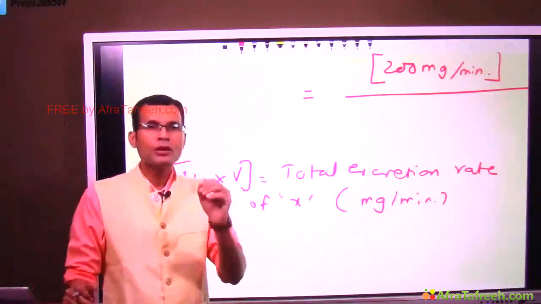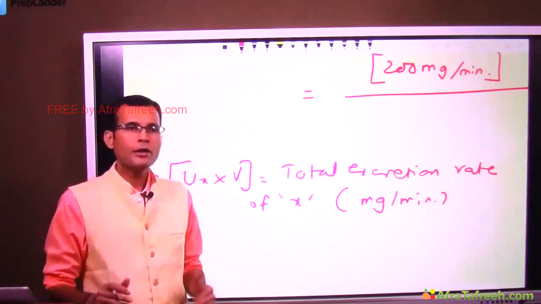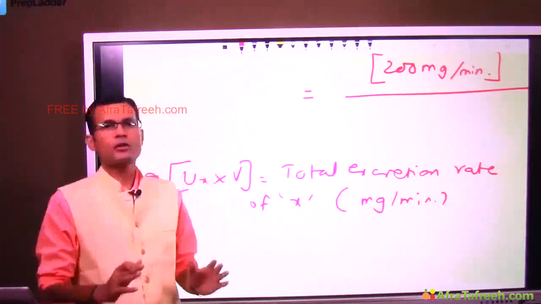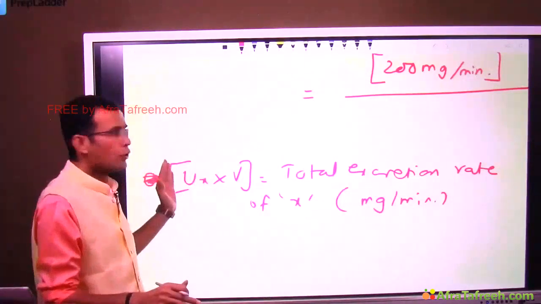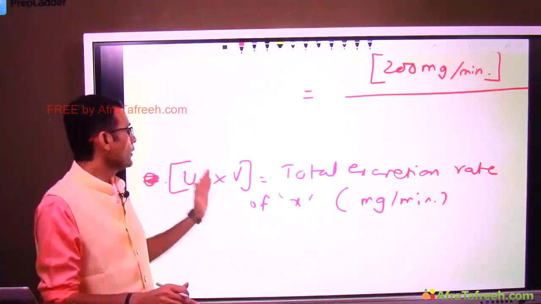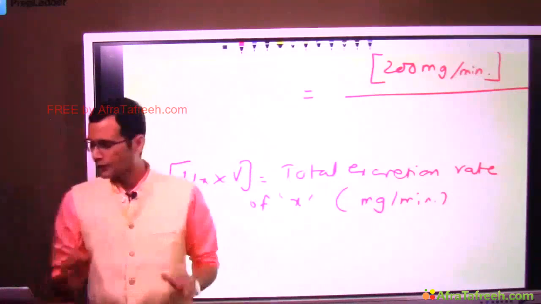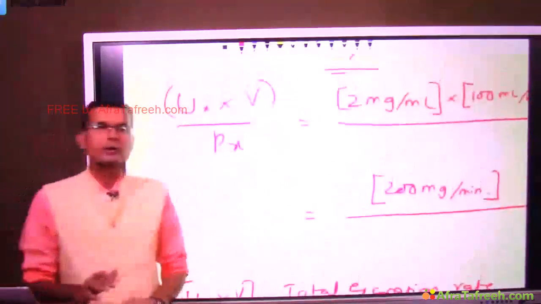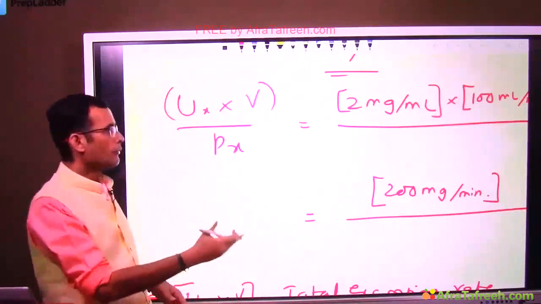So I want you to keep this in mind as a concept. How do you calculate the total excretion rate of that substance per unit time? It is the urinary concentration of that substance into the total volume of urine, obviously. So that much will be the total excretion rate. That's how the substance is excreted every minute or every hour or every day.